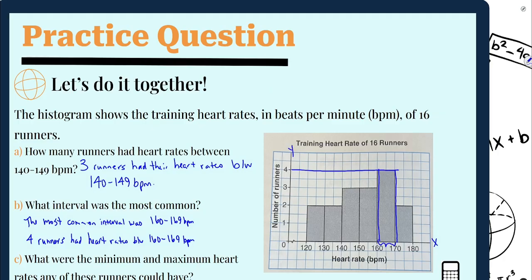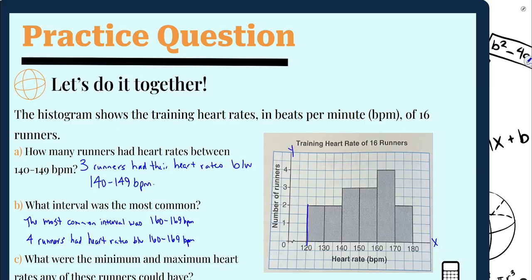We're just practicing reading graphs for information. The last section says, what were the minimum and maximum heart rates any of these runners could have had? We talked about that break in our x-axis at the bottom, and the lowest you can see is 120.